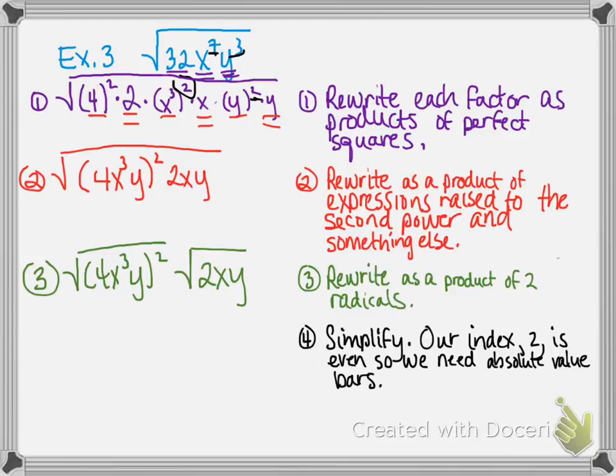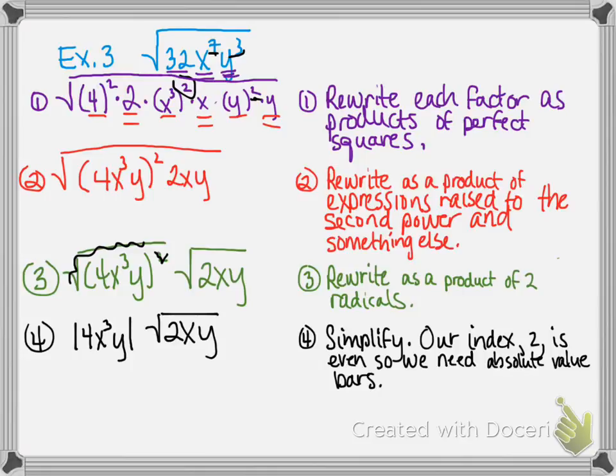For this first radical, I can cancel the 2 with the square root, but I need to put absolute value bars around 4x cubed y. And then the other radical doesn't simplify because, remember, they're not perfect squares. So I have the absolute value of 4x cubed y times the square root of 2xy.